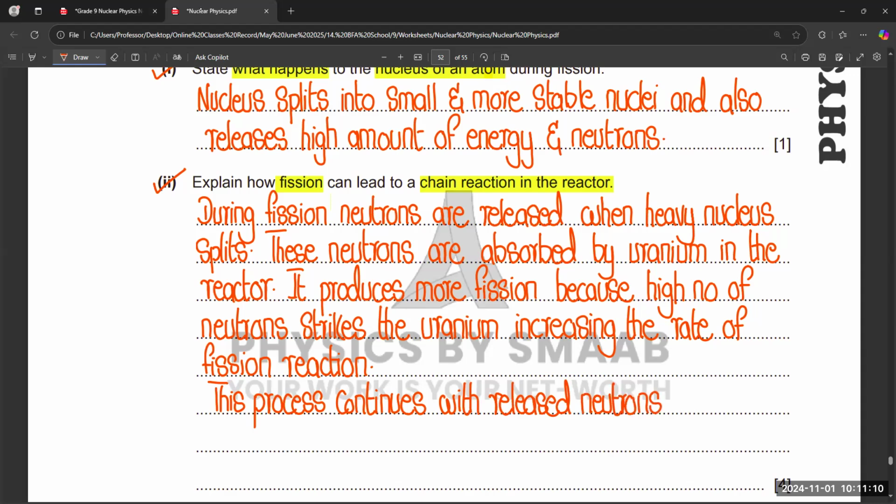So this reaction continues with the released neutrons, and led to a chain reaction. Okay. So this is the explanation of this question for 4 marks, and it is very easy. We just need to copy paste the same idea again and again.